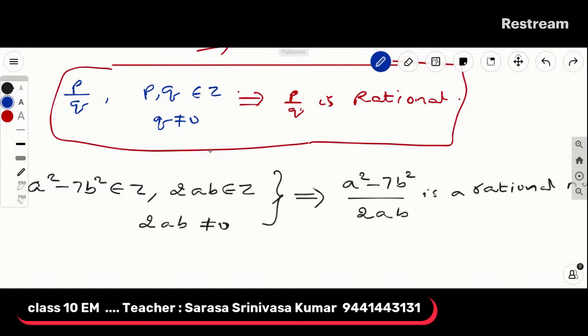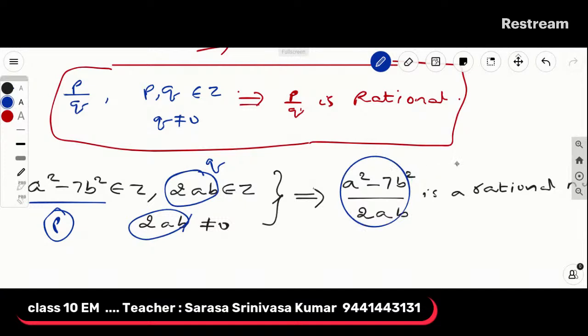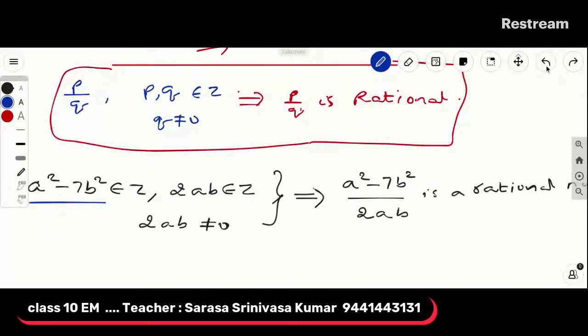Now compare a square minus 7b square, this is P, and 2ab, this is Q. So P and Q are integers, and Q is not equal to 0. That implies P by Q is a rational number. So comparing this with P and Q, we get that a square minus 7b square upon 2ab is a rational number.